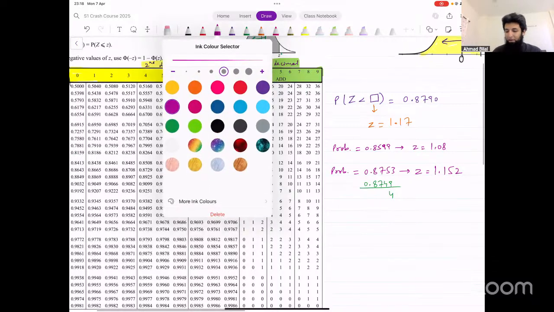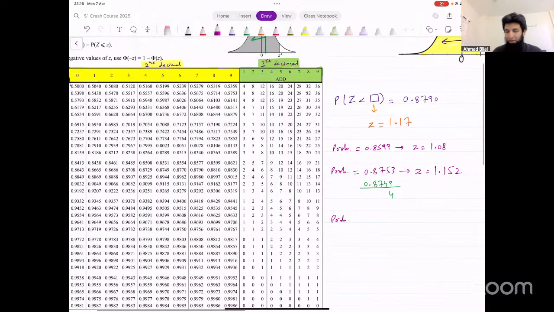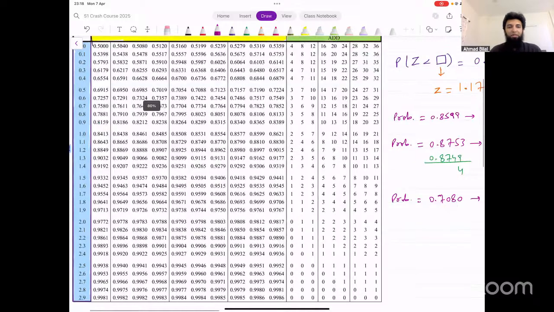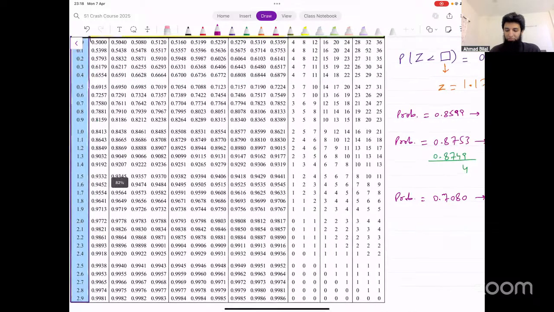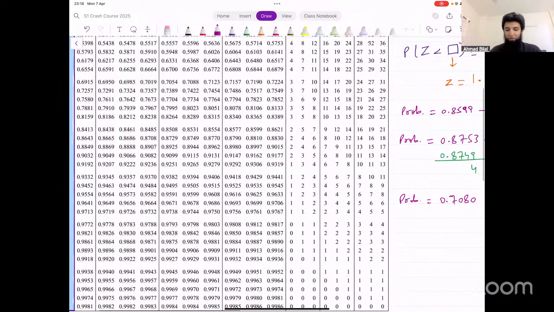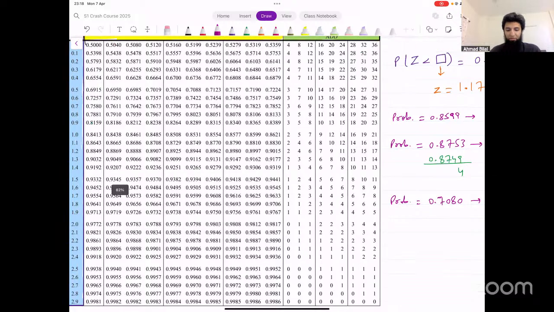Okay, let's take another example. Let's say we had a probability of 0.7080 and we want to find the Z value corresponding to this 0.7080. What about this? Can all of you try this quickly? Can you figure out what the Z value is going to be for this 0.7080?